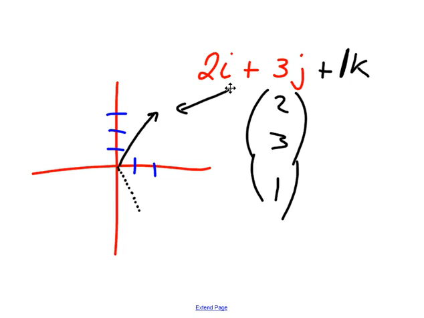Okay, over 2, up 3. Do you get that I'm doing that right now? And then 1 would mean it tilts towards you 1. This vector right here, that's going over 2, up 3, and then goes out towards you 1, is like that. Okay.